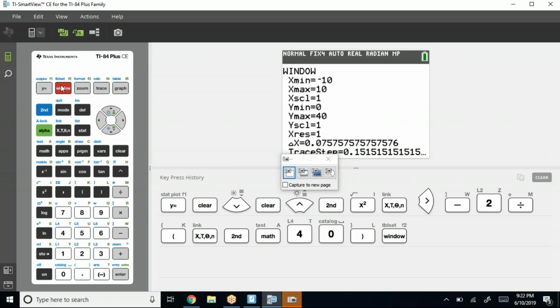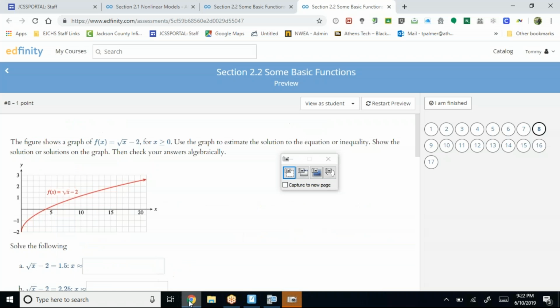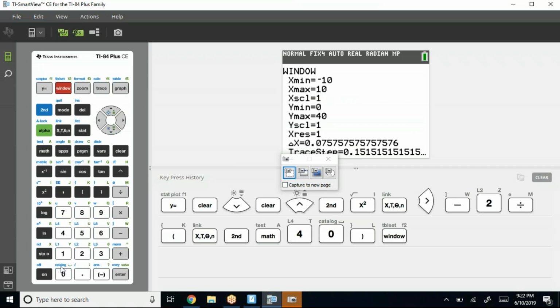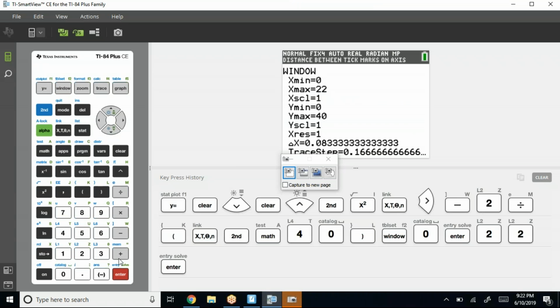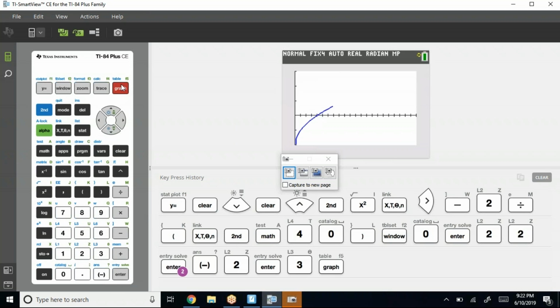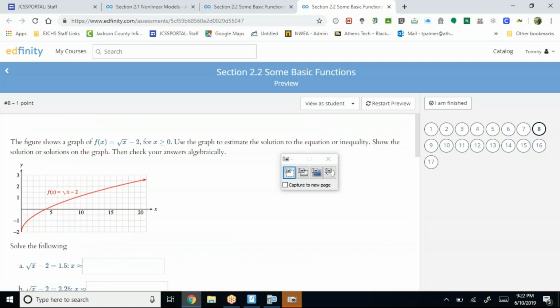Let's look at our windows. We want to go, well, let's see what they went, 0 to 22. So 0, enter, 22, enter, stepping it by 1's fine. -2, enter, and 3. All right, and if I hit graph now, that's what is shown right here, okay?